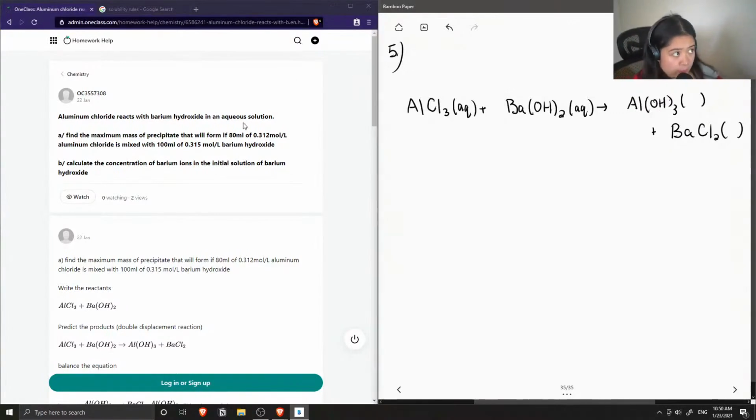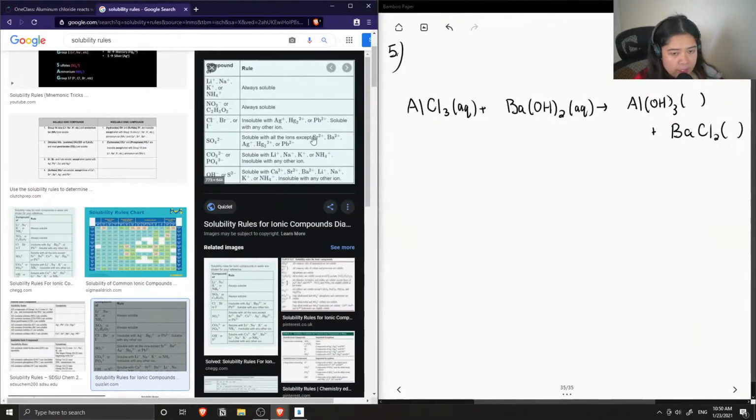So to find out whether or not these products will be a solid or if it's going to be aqueous, we need to look at the solubility rules. So for example, if you had a compound containing lithium, sodium, potassium, or ammonium, these compounds will always be soluble. So for our case, we have aluminum hydroxide.